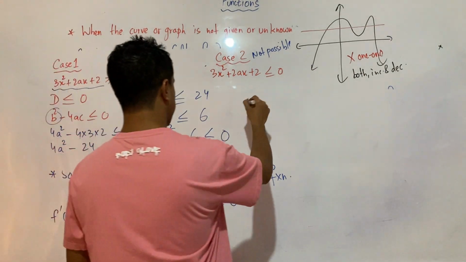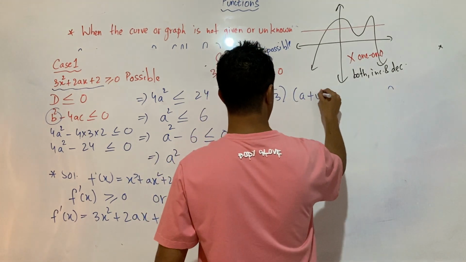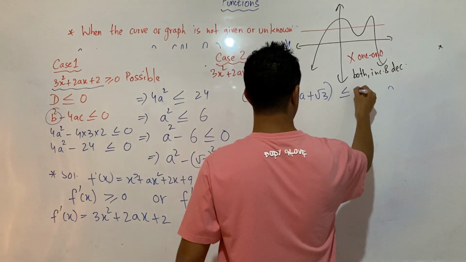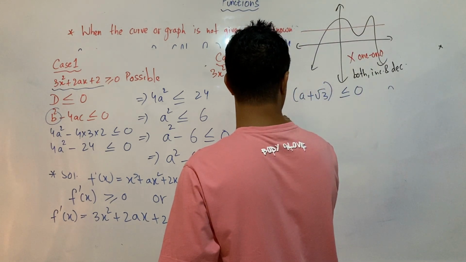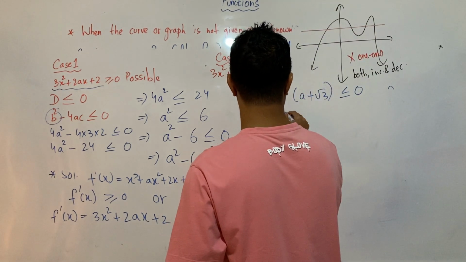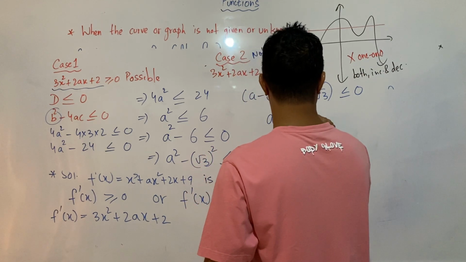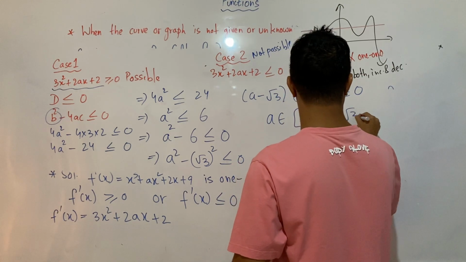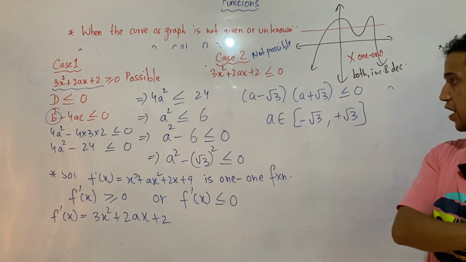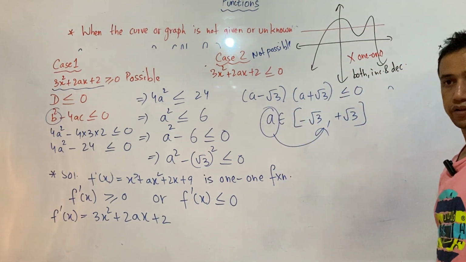So from here, can I write (a minus root 3)(a plus root 3) is less than or equal to 0? So from here, can I say my a would be from negative root 3 to positive root 3, right? So your a is going to be in this interval.